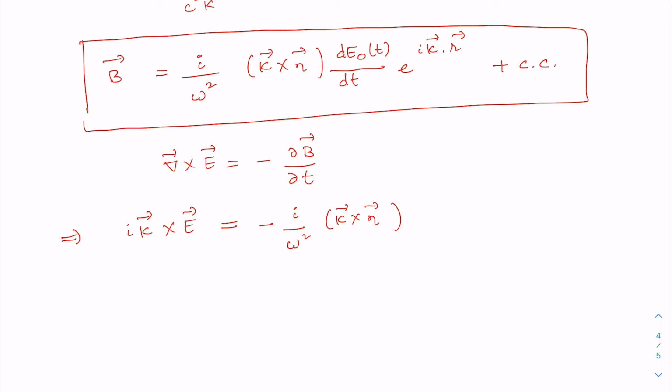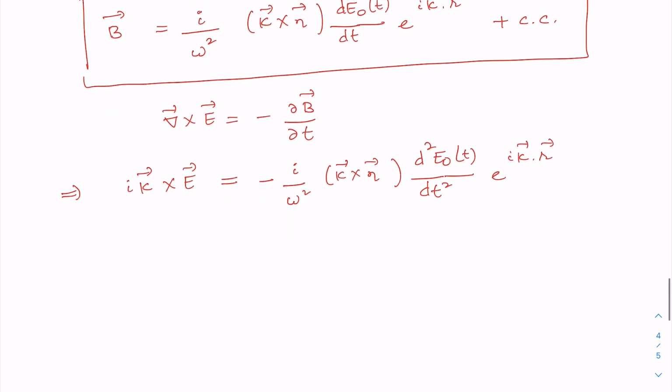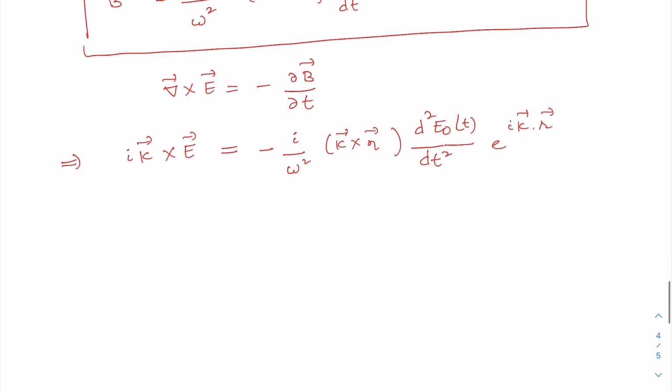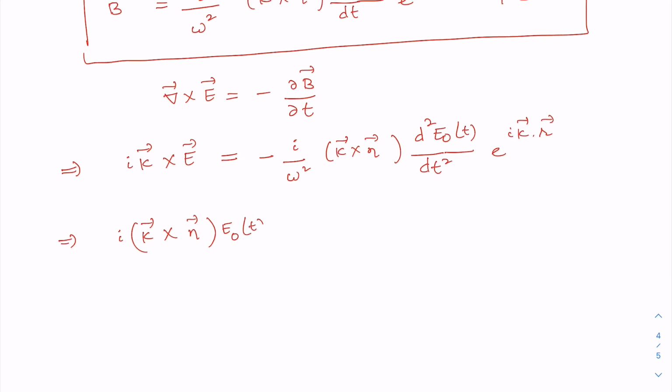I am taking the time derivative of B, so it is d2 E0 dt2, with e to the power i k dot r. Then I can also write it as i k cross eta, let me open it up here, E0 t e to the power i k dot r.